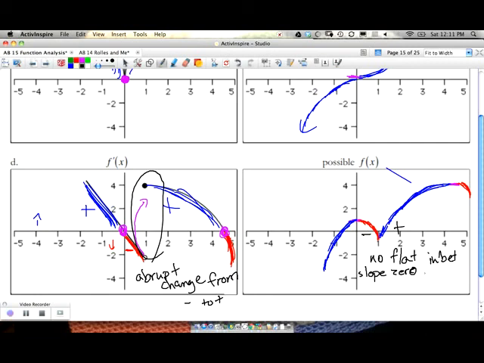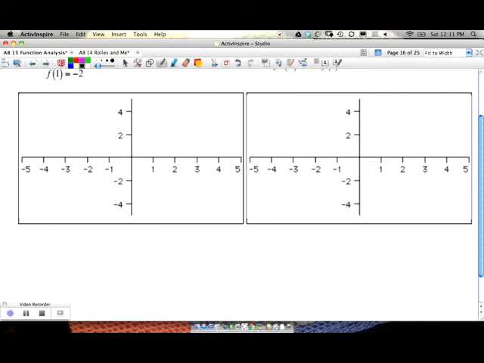No slope that's flat. No smoothness. That means we're sharp. Sharp turns. All right. So, is that it? Is there one more? I think that's it.